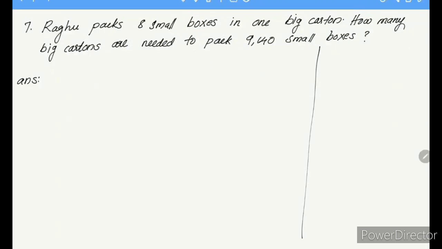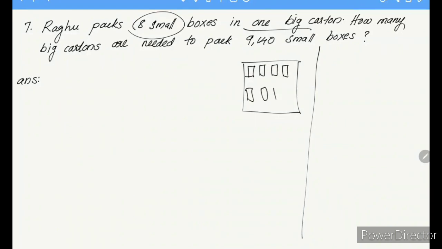Seventh question. Raghu packs 8 small boxes in one big carton. In one big carton, Raghu will pack 8 small boxes. How many big cartons are needed to pack 9,140 small boxes? See what they given here?